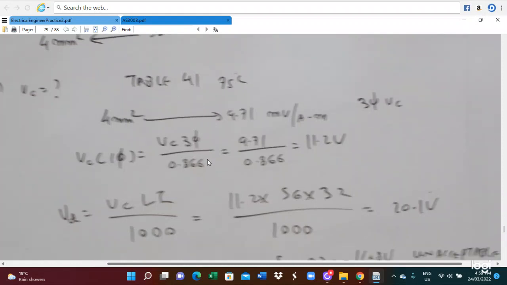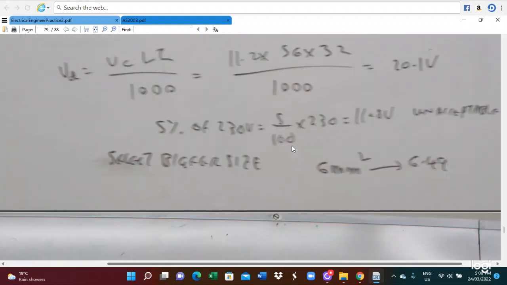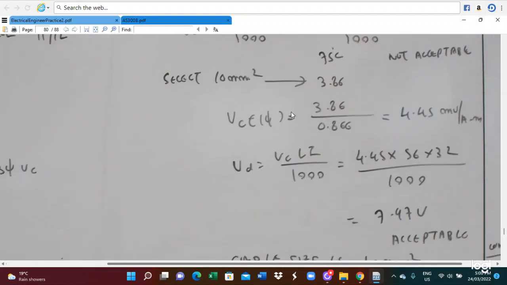So we calculate the voltage drop and compare with the 5% of supply voltage, and if the accurate calculation is more than the 5% of supply voltage, this cable size is not acceptable. So we choose another bigger size, and we recalculate the voltage drop, and finally for the 10 millimeter square cable size, the voltage drop is less than the 5% of supply voltage.